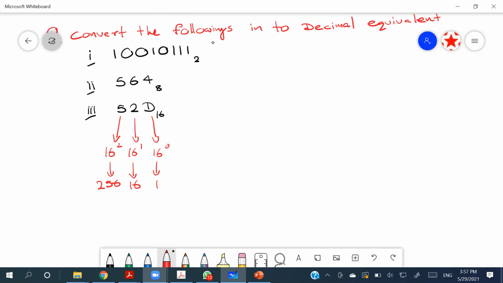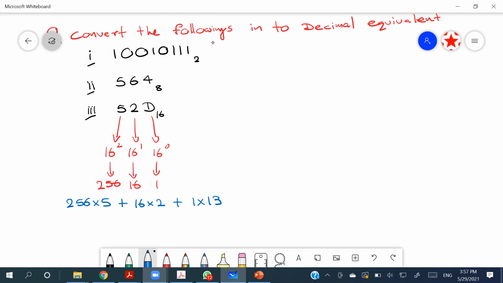Right? 256 into 5. So that is what we are going to do. So 256 into 5 plus 16 into 2 plus 1 into D, which means A, B, C, D: 10, 11, 12, 13. So 13. Right?